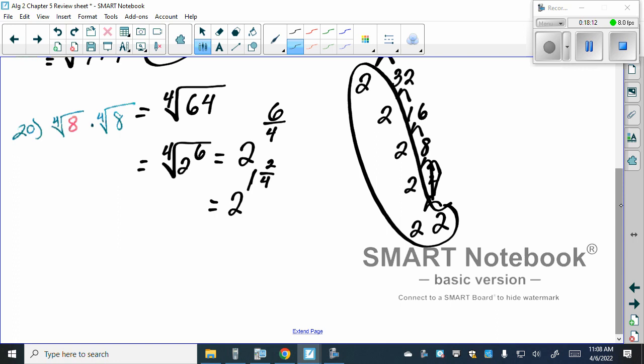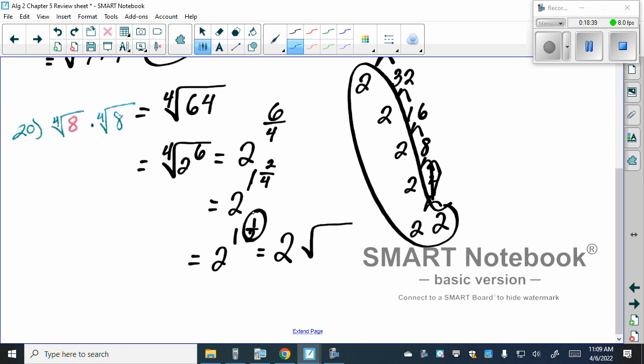Oh, wait a minute. What's 2/4 the same as? So we're saying that we have 1 and 1/2. Now for us, the 1 for the 2 is going to come out of that radical. Now the fraction tells me kind of what the radical is left over. The 2 is our root. Since it's 2, we don't have to write it, square roots.